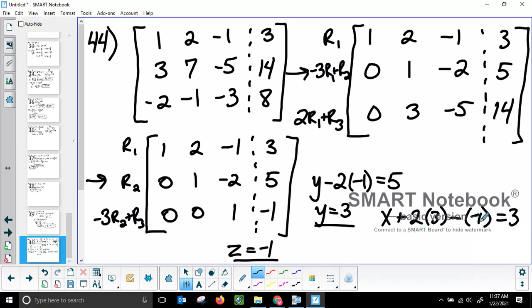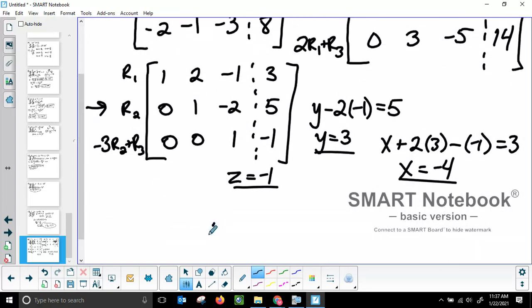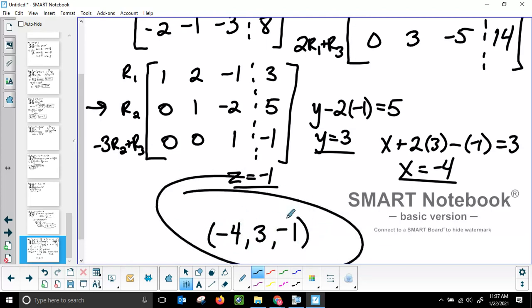So this is 6 plus 1 is 7. So I subtract 7 from both sides. X is equal to -4. So my final solution, -4, 3, -1. And we're done. All right, number 45.